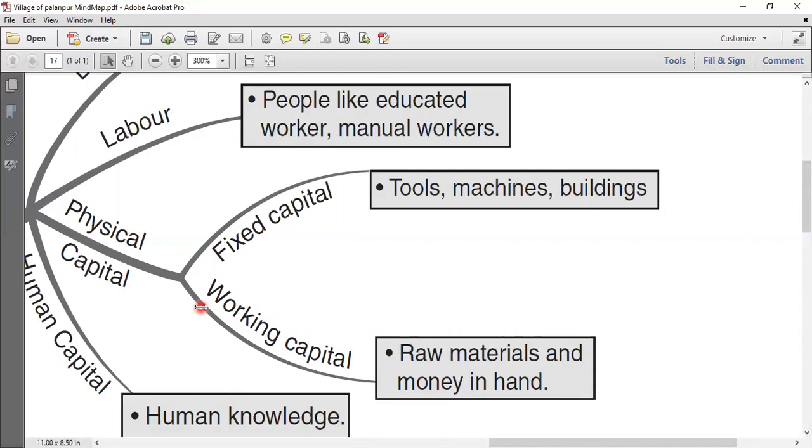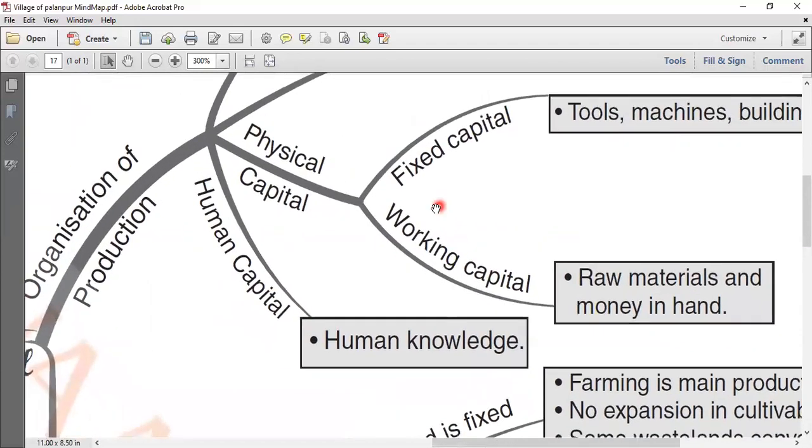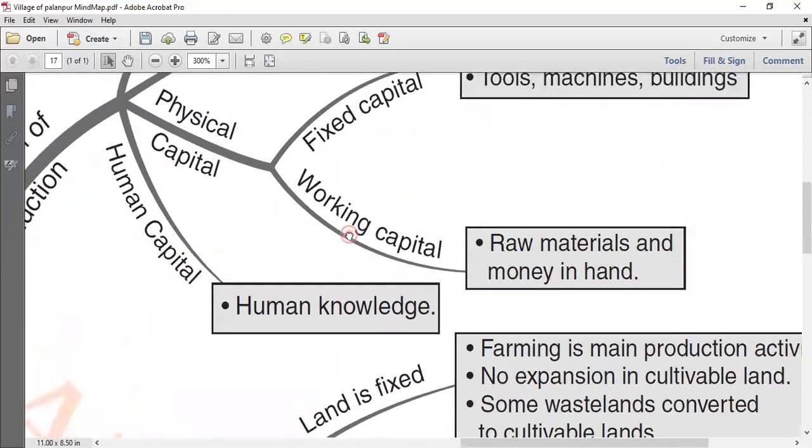And then we looked at the fourth requirement of organization of production, that is human capital. And we know human capital is basically entrepreneurship. That is the knowledge to put together the land, labor, physical capital, the knowledge that is required, that is called human capital.